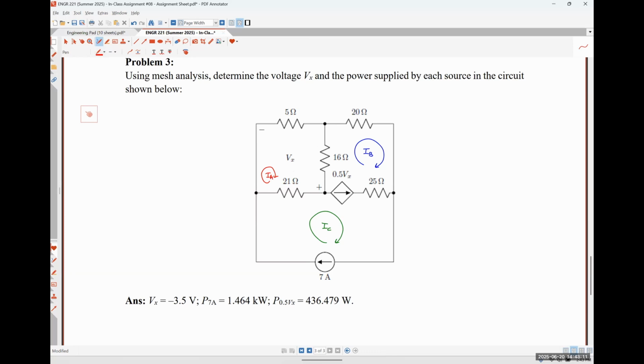Okay. So before I show you guys something, does anybody have any thoughts on how we might express our controlling variable Vx in terms of our mesh currents? Because there are a couple of different ways that we could do this.